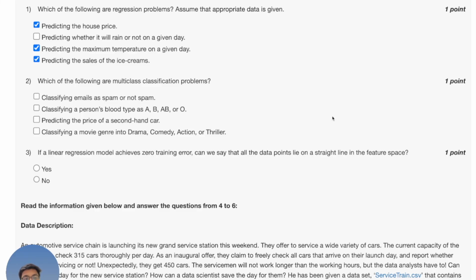Proceeding further with question number 2, which of the following are multi-class classification problems? Okay, first of all, let me introduce multi-class classification. It's not much different, it's similar to classification. Classification has been done in two categories: yes, no, spam email classification.